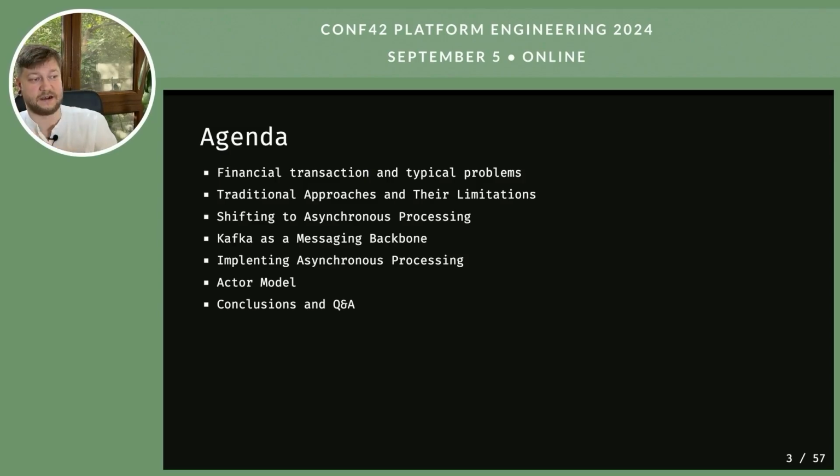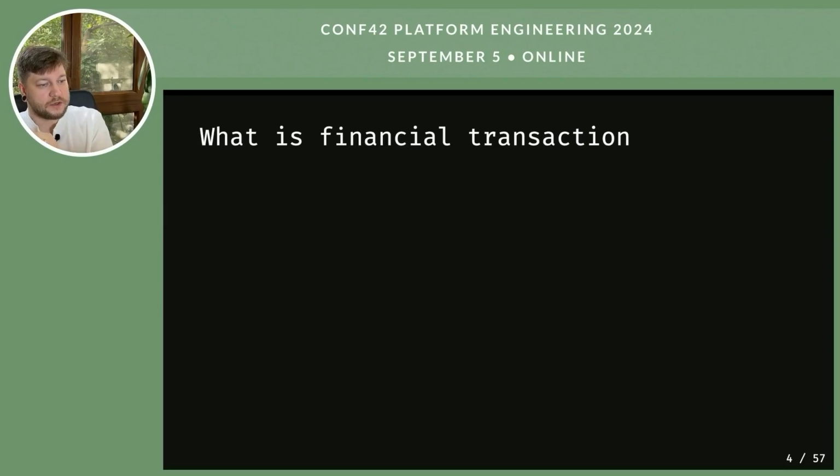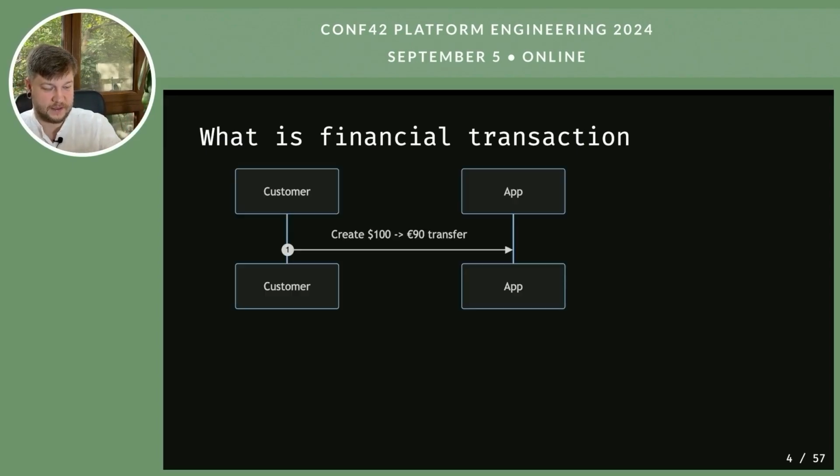Let's start. So, what is a financial transaction? We will use our company as an example, and we will review the standard process for our cases. Customer can create a transfer in our app. So, for example, you want to send $100, or 90 euros, to someone.